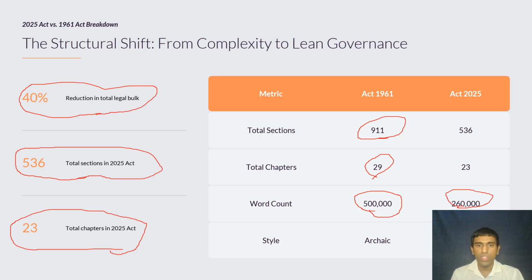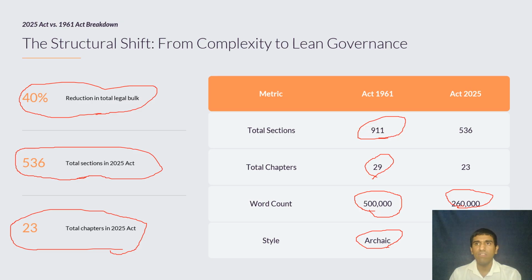Again, this word count reduction means the act is definitely a lot simpler, shorter than what it used to be earlier. Then the style of the old act used to be archaic. Not surprising, because this old act was in 1961. This was shortly after the Indian independence. A lot of our politicians and legislators were influenced by the British, so they used the British style language in the draft.